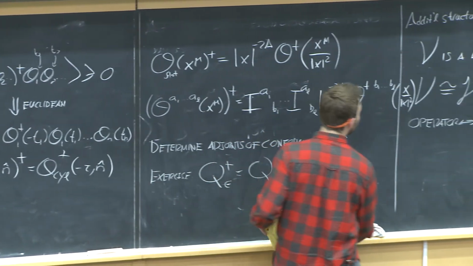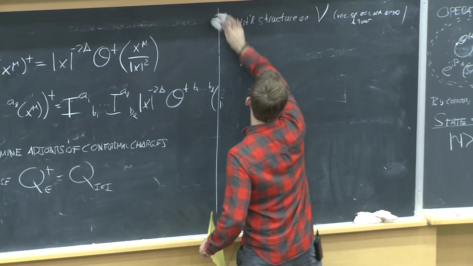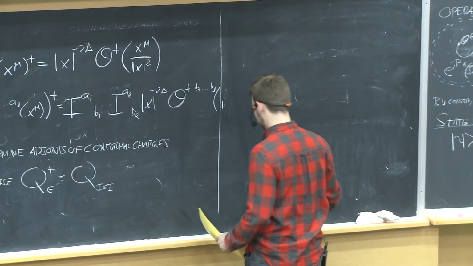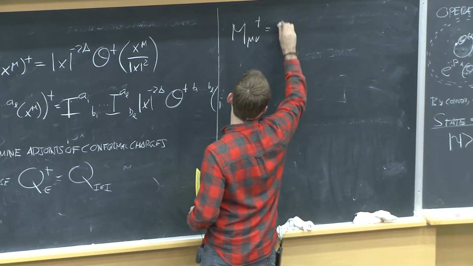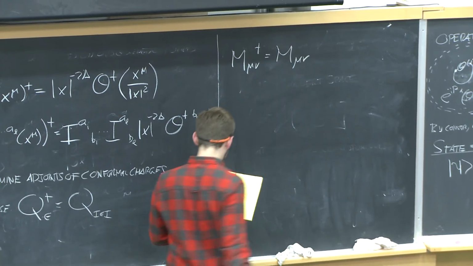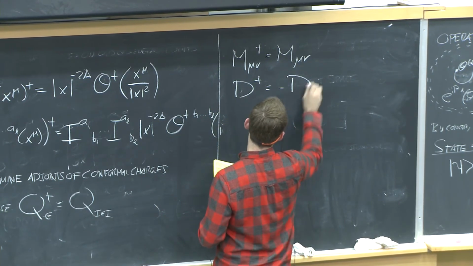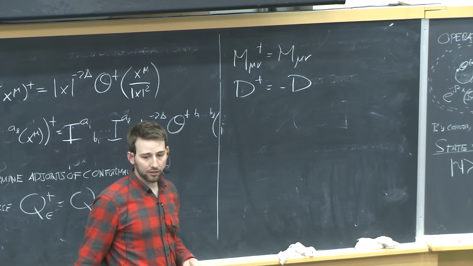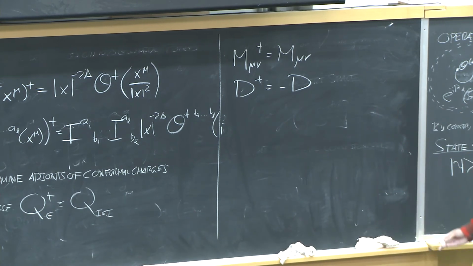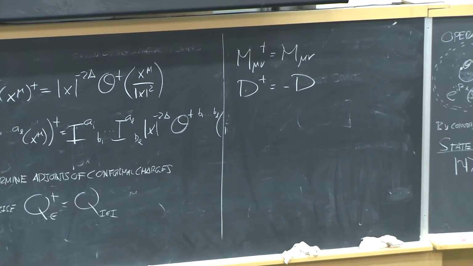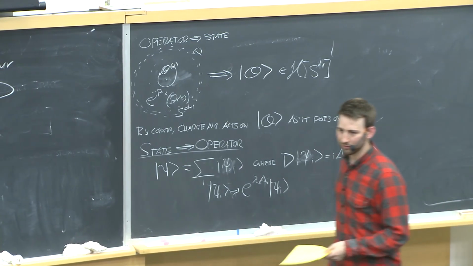And this in particular gives me the following conditions. Rotations are self-adjoint. D dagger is equal to minus D. D is anti-Hermitian, which is something that I've been assuming all along because I've been writing the eigenvalues of D as i times delta, where there was some implicit assumption that delta was real.